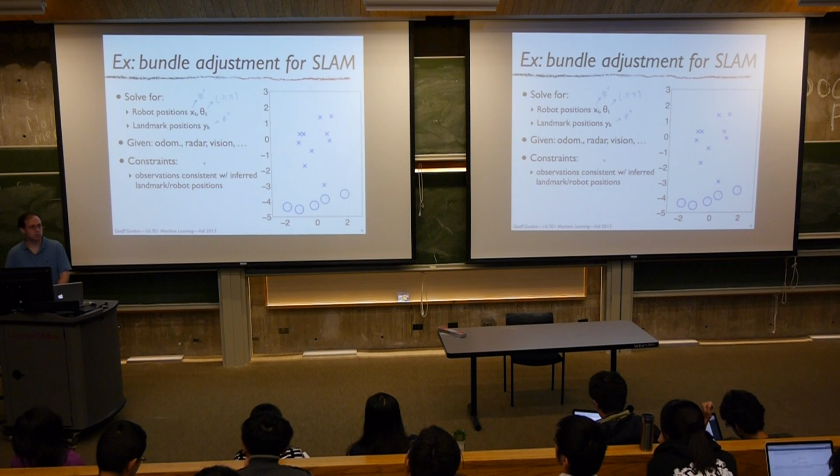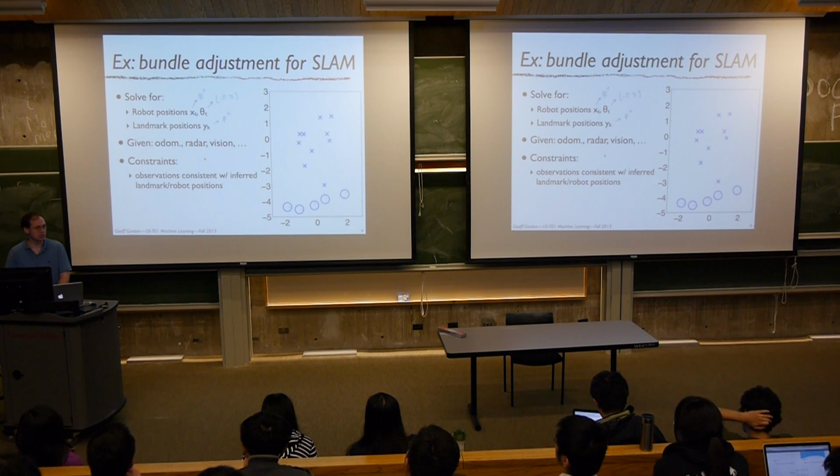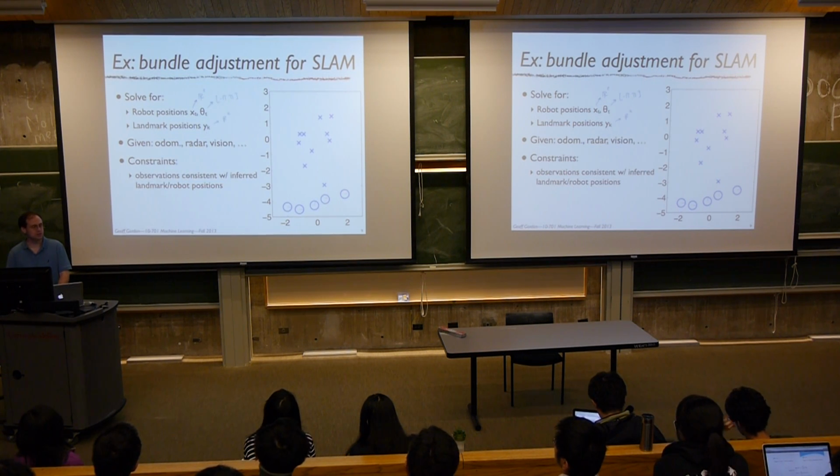And the way we would do this, one common way, is called bundle adjustment, which is basically just you run Newton's method on your variables x, theta, and y, subject to constraints that you derive from your observations.